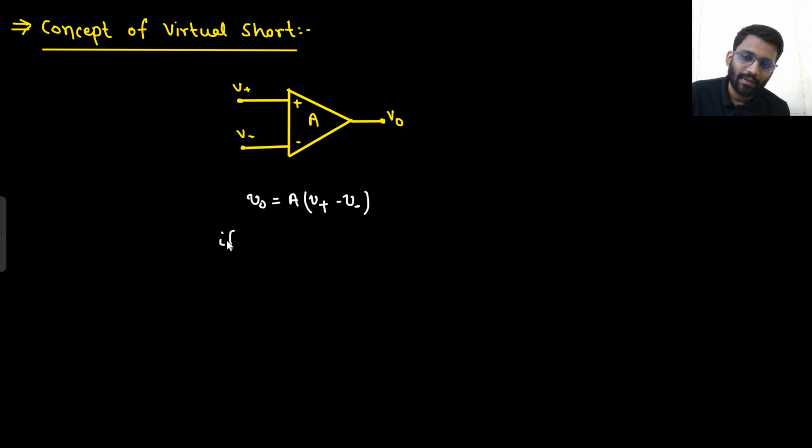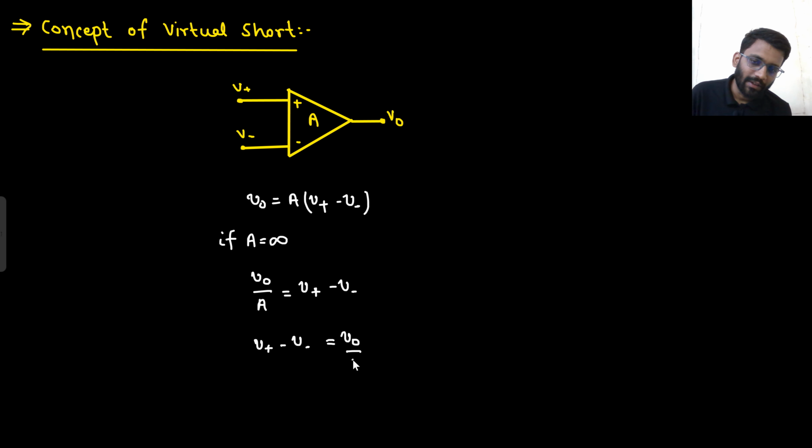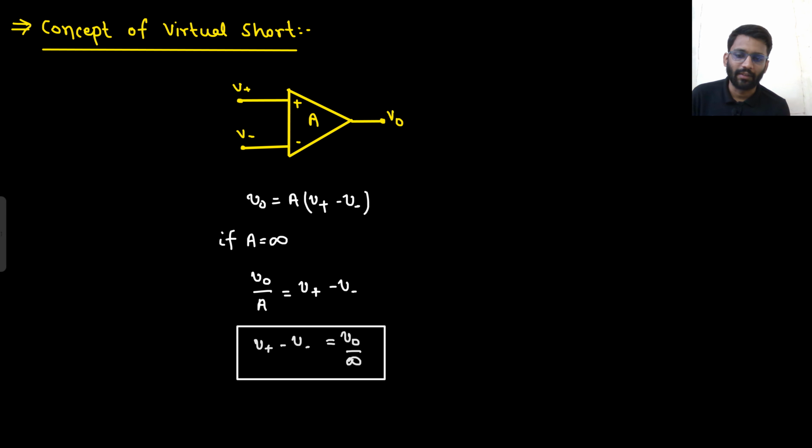If A is equal to infinity, then what will happen? V positive minus V negative is equal to V naught by A. Well and good. So V positive minus V negative would be V naught by infinity. Say yes or no. In case of positive feedback, what will happen to V naught?